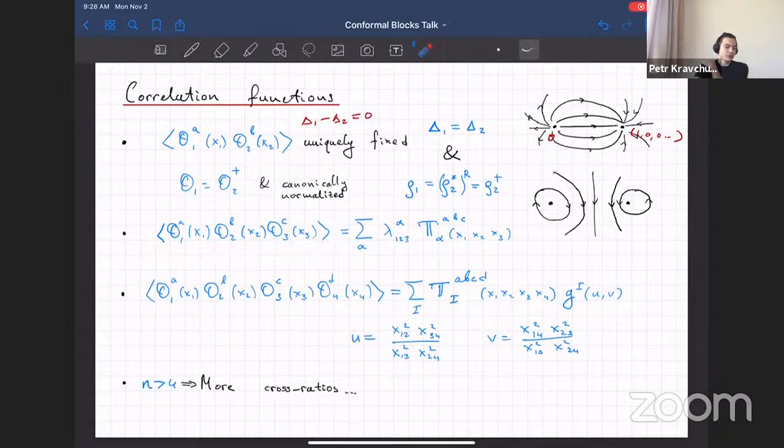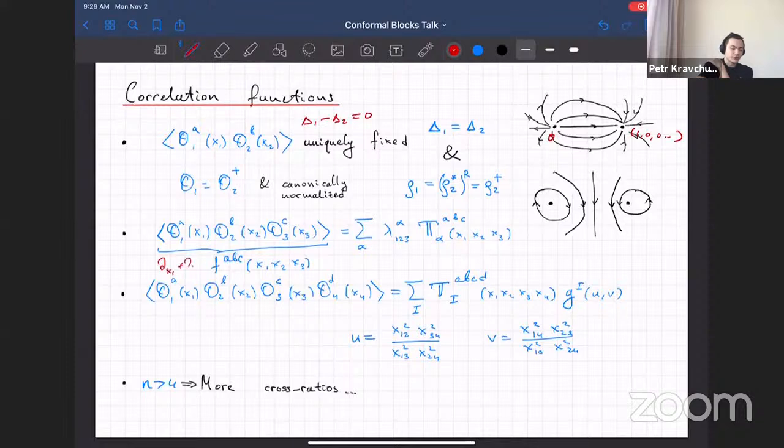So you can just write, say, I have a function equal to some f a, b, c of x1, x2, x3. Now I want to require that this f a, b, c is conformally invariant. So I can write this invariance condition as a differential equation.